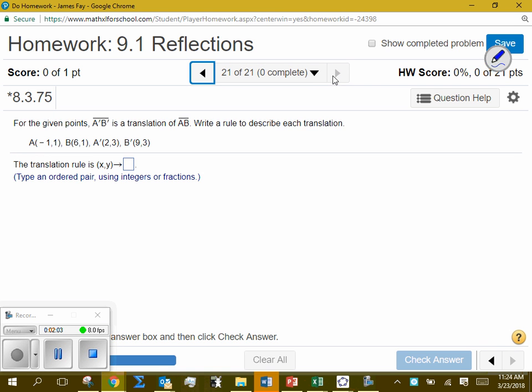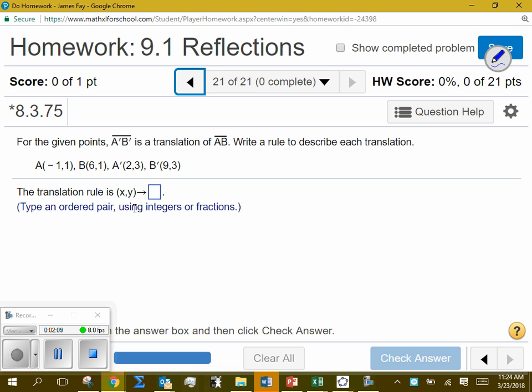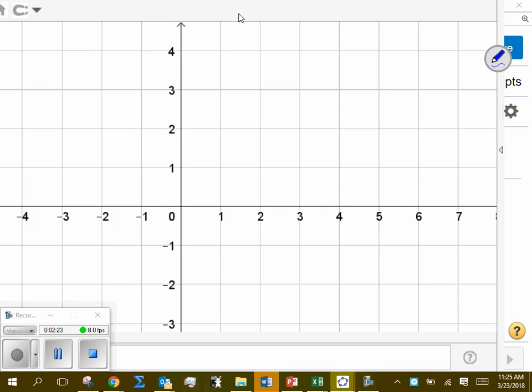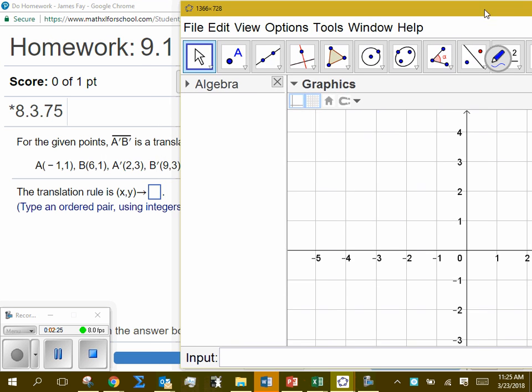21. Okay, for the given points, segment A prime B prime is a translation of segment AB. Write a rule to describe each translation. Okay. Just to organize things easier, I'm going to actually just graph this real quick for us.